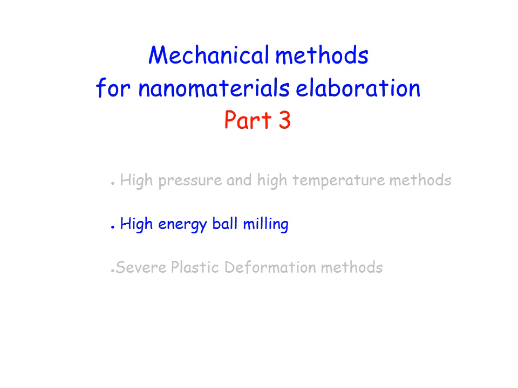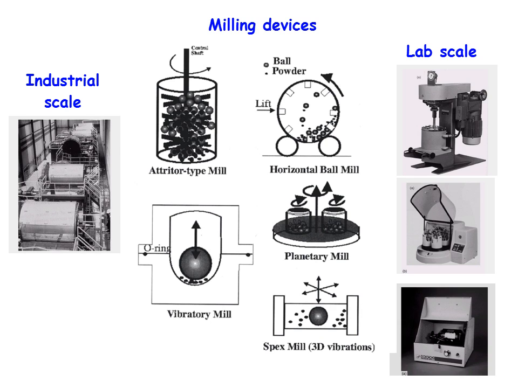We now consider the mechanical methods for nanomaterials elaboration, which are called high-energy ball milling. Here you can find a number of milling devices, going from industrial scale devices to in-lab devices.